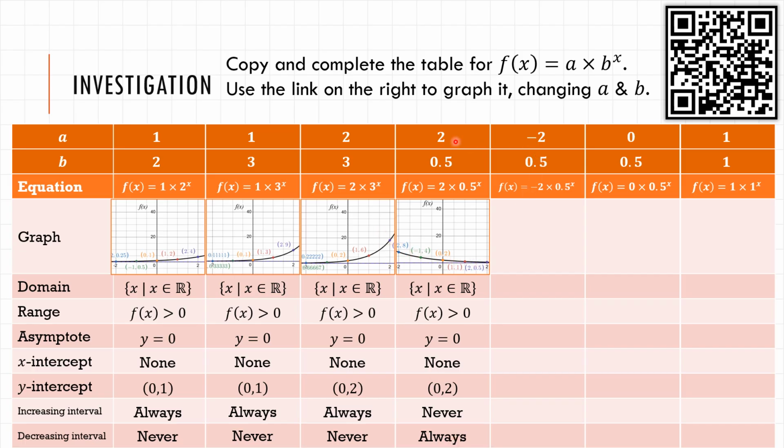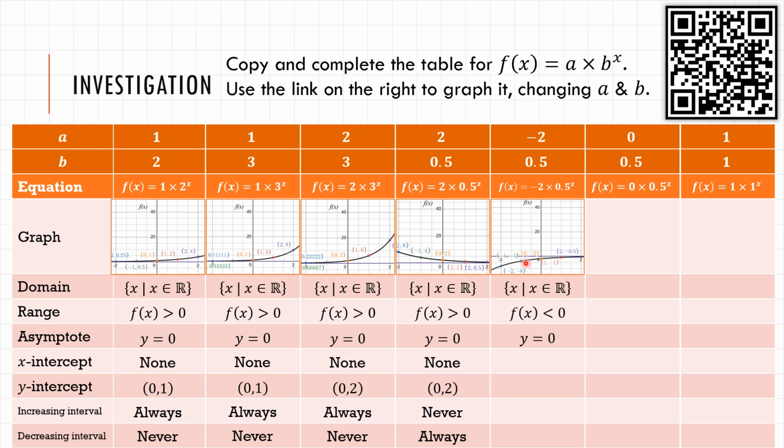If we mix things up just a little bit more, if we change that initial value to being a negative number, notice that this graph is exactly the same as this, except it flipped upside down. And so the domain hasn't changed, but the range has. Now, instead of always being above 0, the function is always less than 0. It's always underneath that x-axis. The asymptote is still y equals 0.